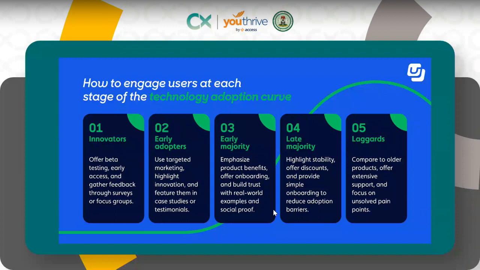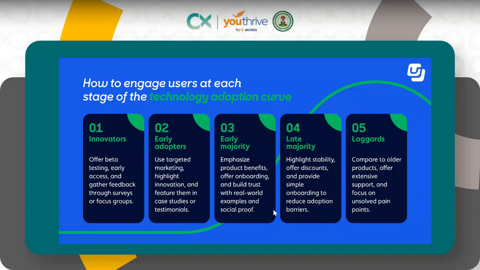For late majorities, you're looking at highlighting stability, offering discounts, and providing simple onboarding to reduce adoption barriers. Because these people are not even gravitating to your product, you need to make the process as simple as possible to use, and you might want to offer them a discount as well.